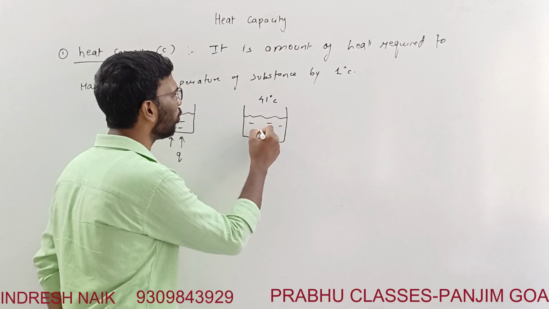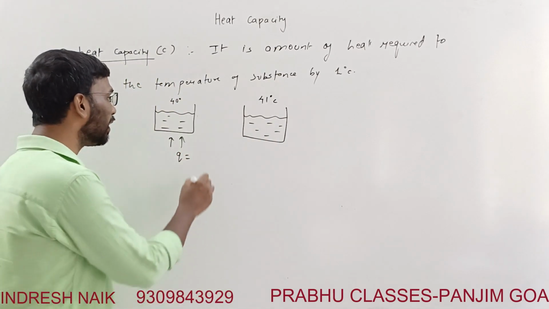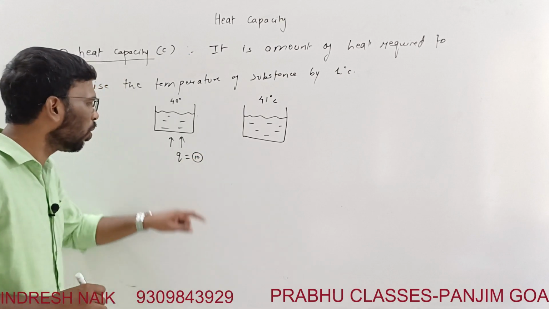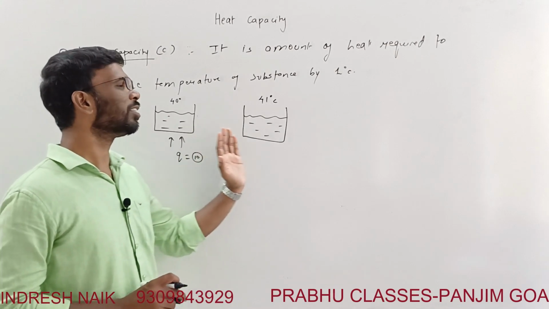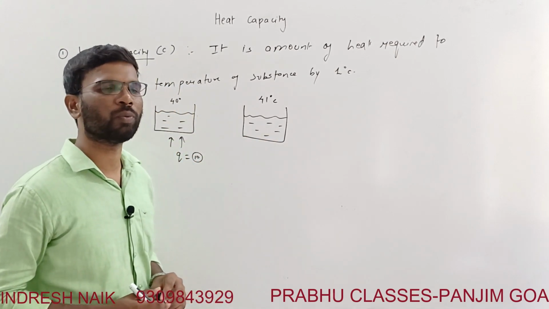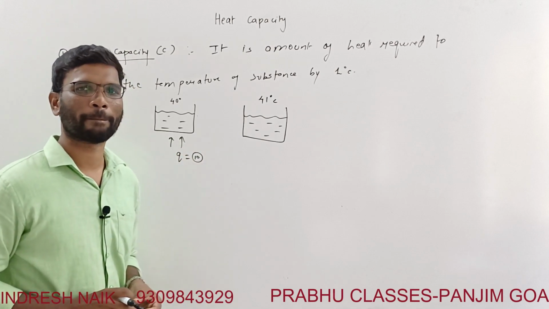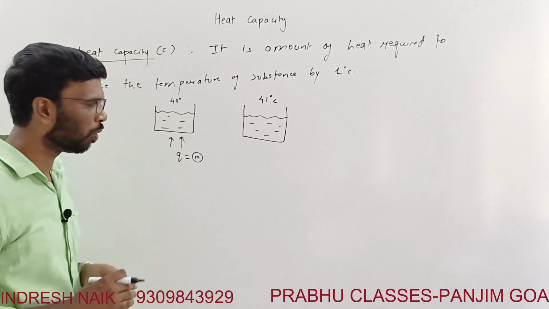These values I am taking for your understanding. Let's say 10 amount of heat you have supplied to this water, and the temperature has risen from 40 to 41 degrees Celsius. So over here heat capacity will be what? 10, right?